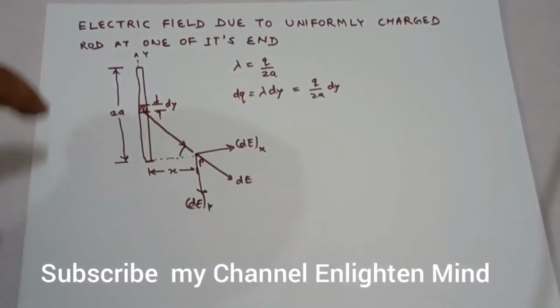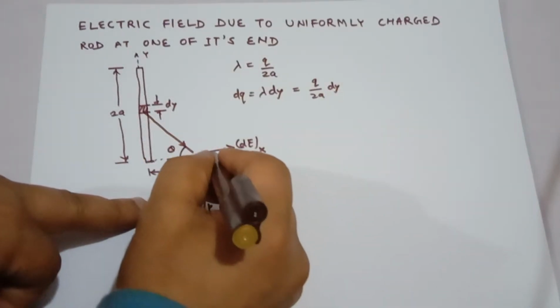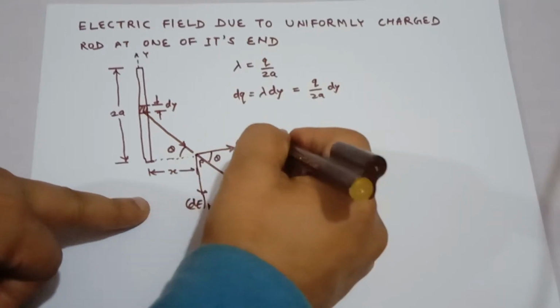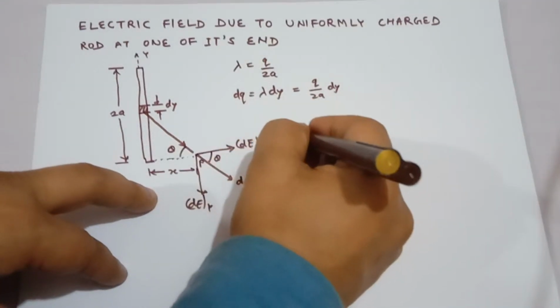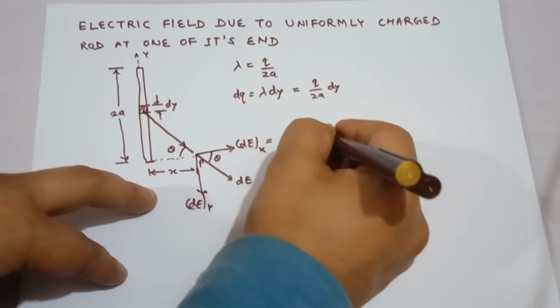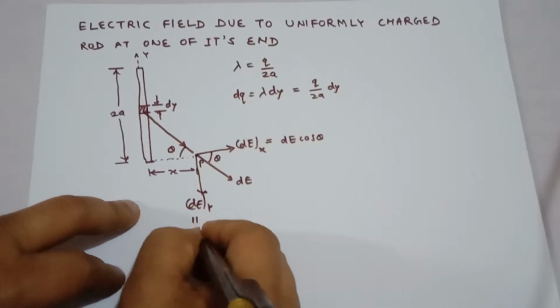Suppose this angle is theta, then that angle should also be theta, so dE along x-axis should be dE cos theta, and along y-axis that should be dE into sine theta.